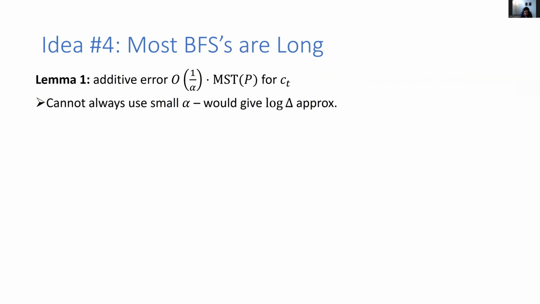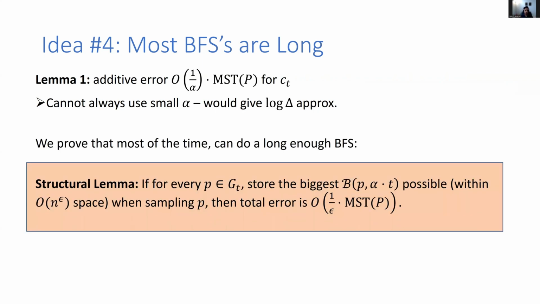And so the last key thing that we put together is we show that this can't happen too often, this case where I cannot run a large BFS. In particular, we showed that most of the time, I can do a long enough BFS such that globally the total estimate produced by my estimator over all levels and all points is a constant factor approximation.